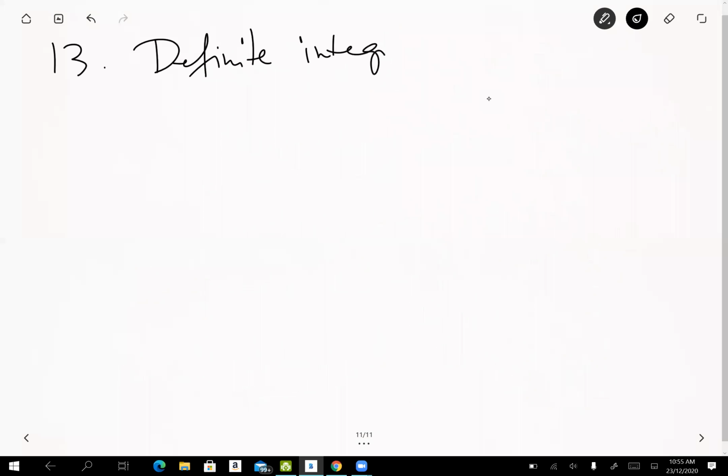The definite integral means we will integrate the function from one point to another. In other words, when you do the integration, you just consider the value of x. So it's the integration between one value of x to another value of x. That is called the definite integral.